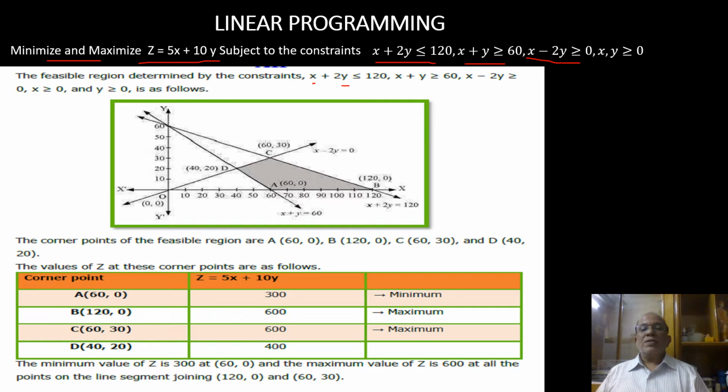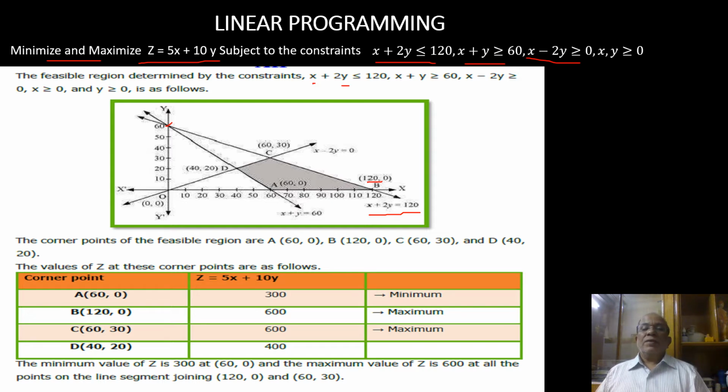As x is 0, y is 60, so this is our point 0, 60. Now the other point: when we put y equal to 0, x equal to 120. So this is the point 120, 0. When we join these points, we get the line x plus 2y equal to 120.